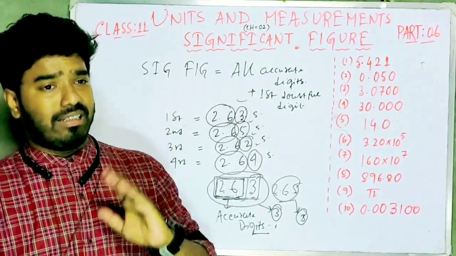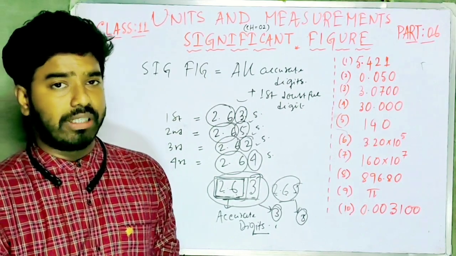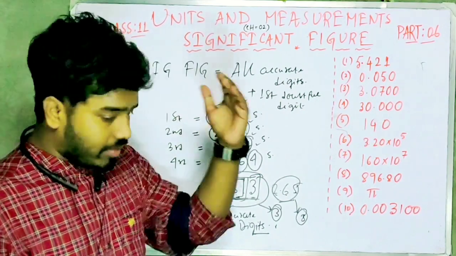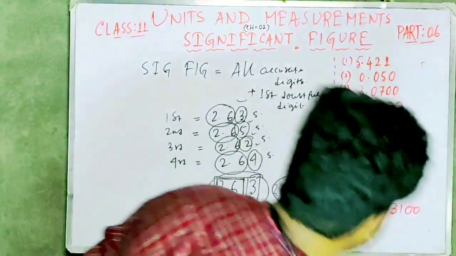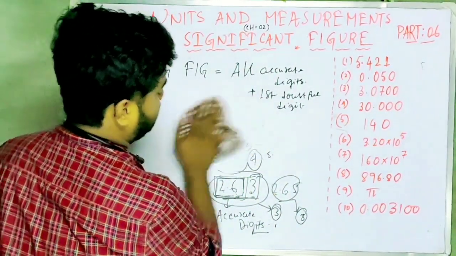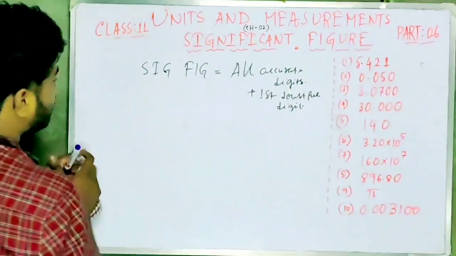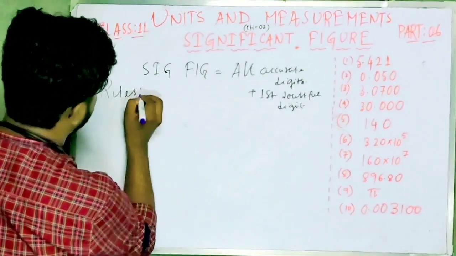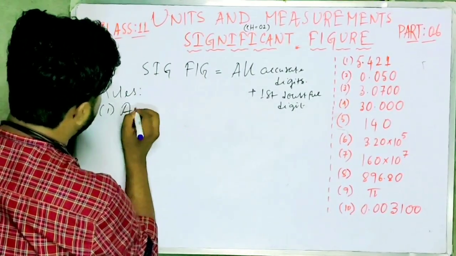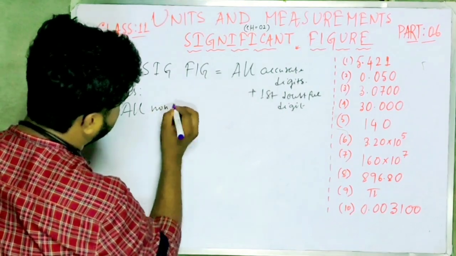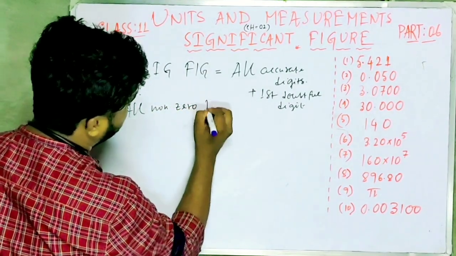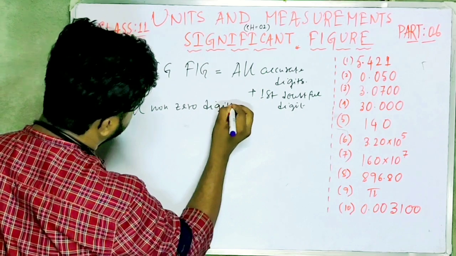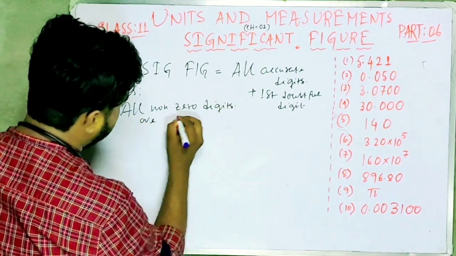And these rules are very important to you. So let's take some rules. Rule number 1: all non-zero digits are significant.